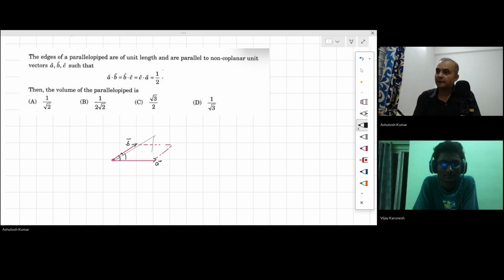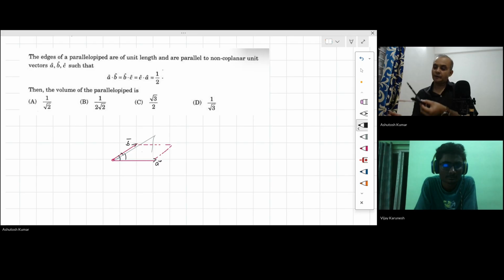But the problem is, for the scalar triple product, I have no idea about the vectors. If you know the individual vectors, we can use the scalar triple product, A dot B cross C. But the only thing they have given is the angle between the vectors, because the magnitude is 1 only, correct?